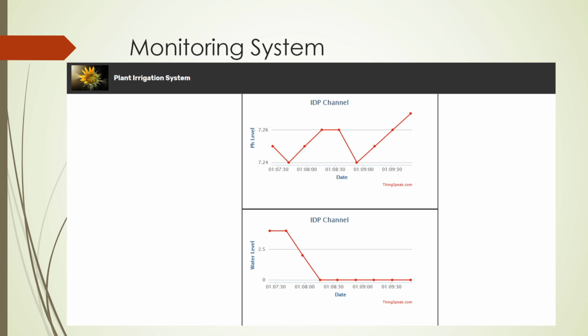The pH level takes the neutral pH value, which is 7, and when it goes below 7.24, it means the pH level is too low, and if it goes beyond 7.26, it means the pH level is too high.